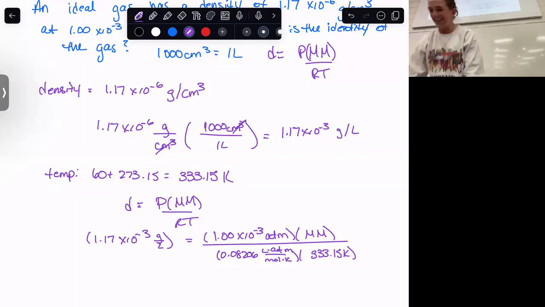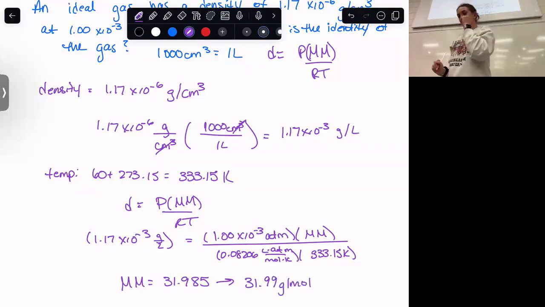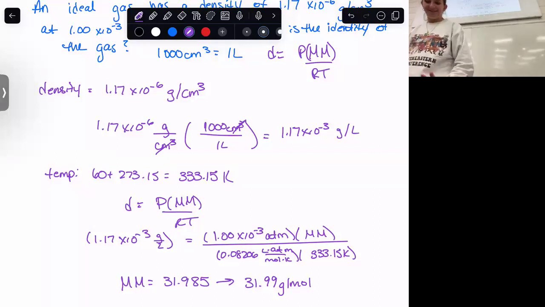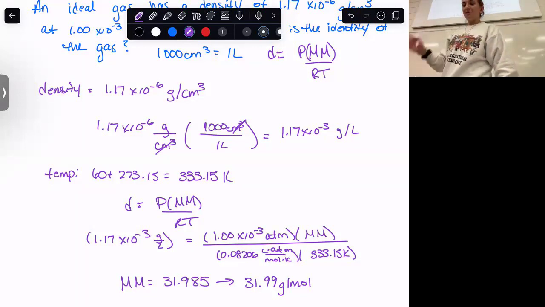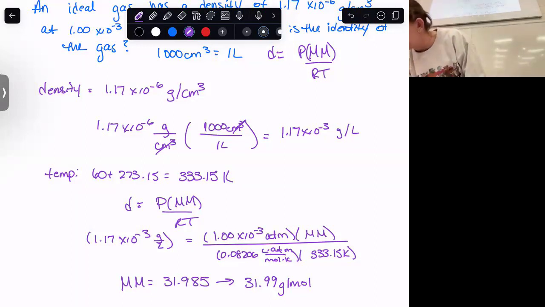Yeah, 31.98. Perfect. And that will say grams per mole. And it'll be more than one time that I'm going to tell you the wrong answer and you're going to have the correct one, so it's totally fine. Okay, so we end up with 31.99-ish grams per mole, which is about 32 grams per mole, right?